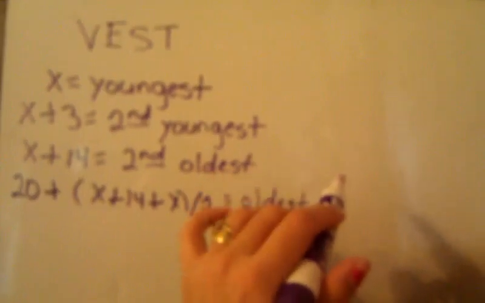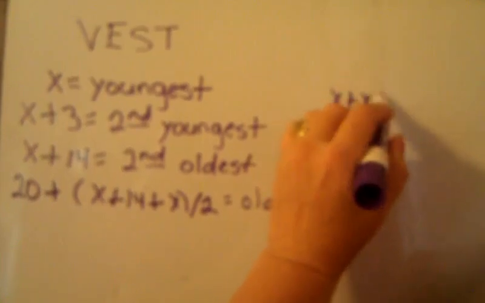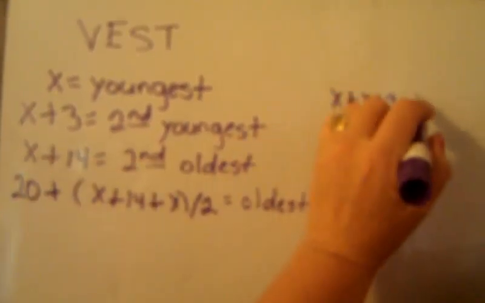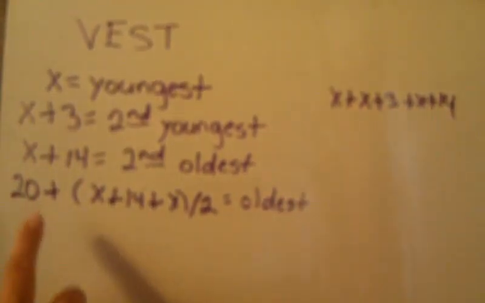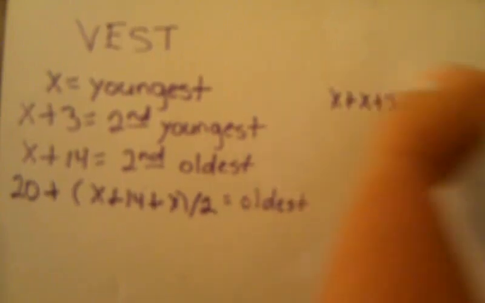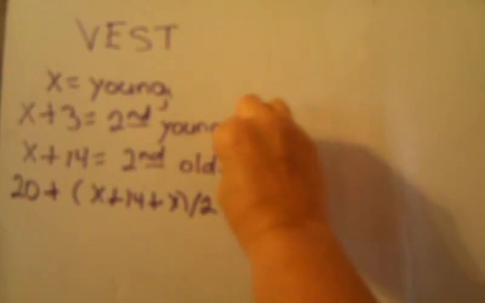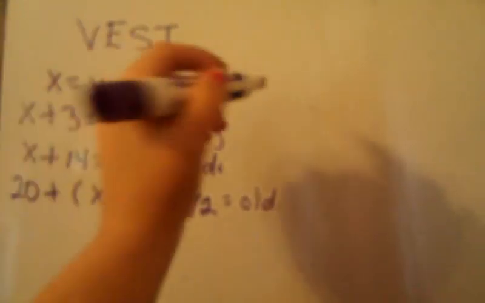So the youngest is X, plus X plus 3, plus X plus 14, plus the oldest. I'm going to have to write smaller because I'm running out of room.